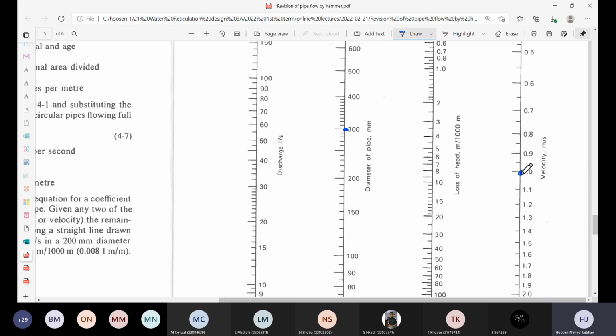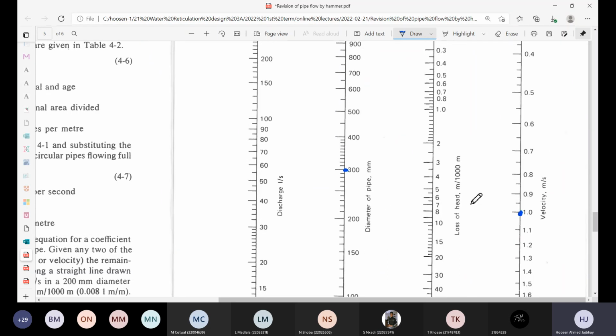However I've determined this, I'm not going to go into that, but I have these two variables known to me. So I have 1 meter per second flow in a 300 diameter pipe, it's under pressure, and I now want to know: what's the head loss in the pipe, and what's the discharge in the pipe? Those are the other two variables.